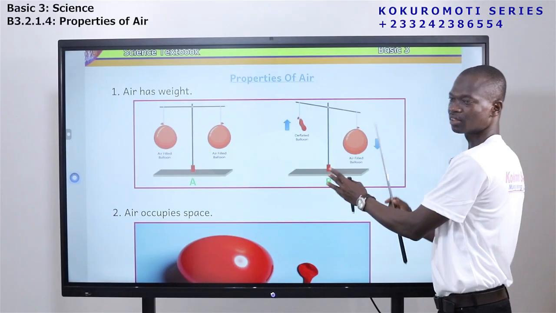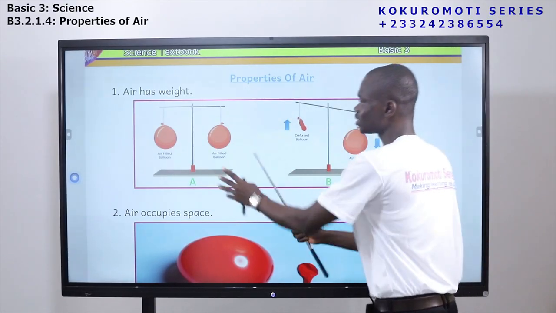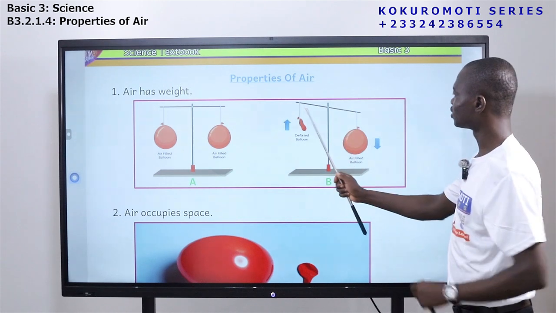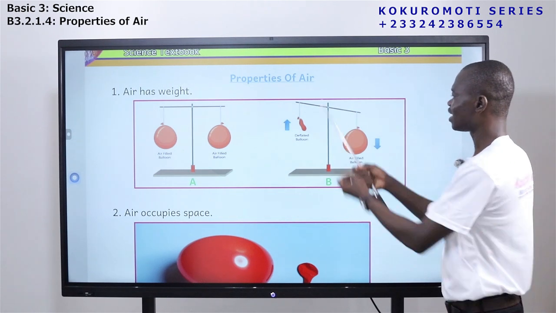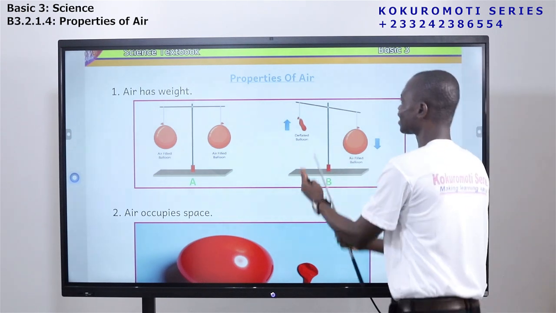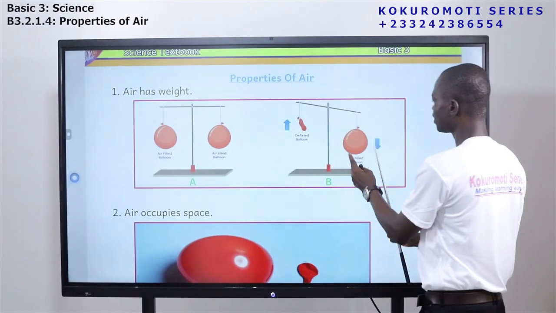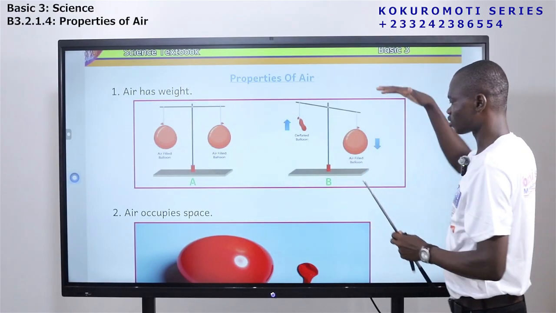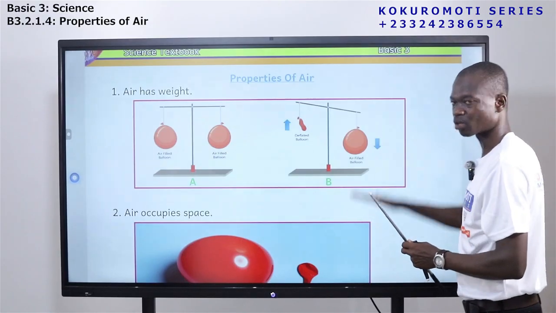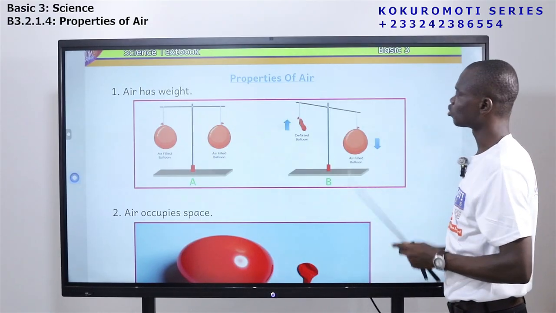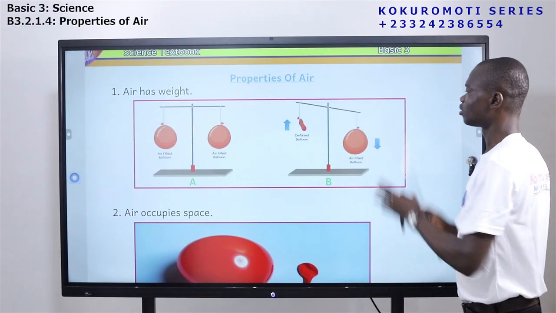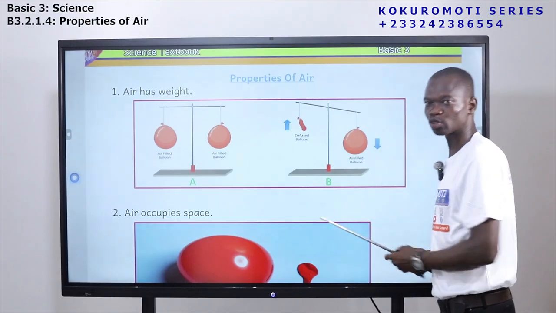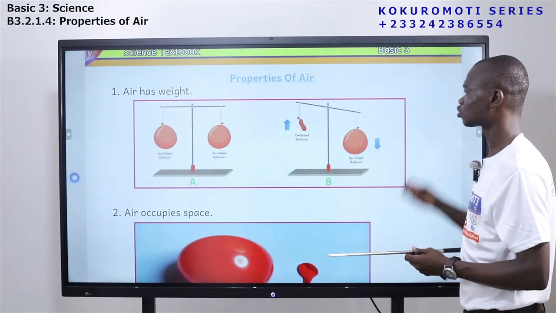But look at the balancing, are they the same? No. Because this one has no air, there is no weight in it. That's why this side has gone up. This balloon has air in it, so there is weight in it, and because of that it has come down, pulling this one down. So this shows that air has weight.